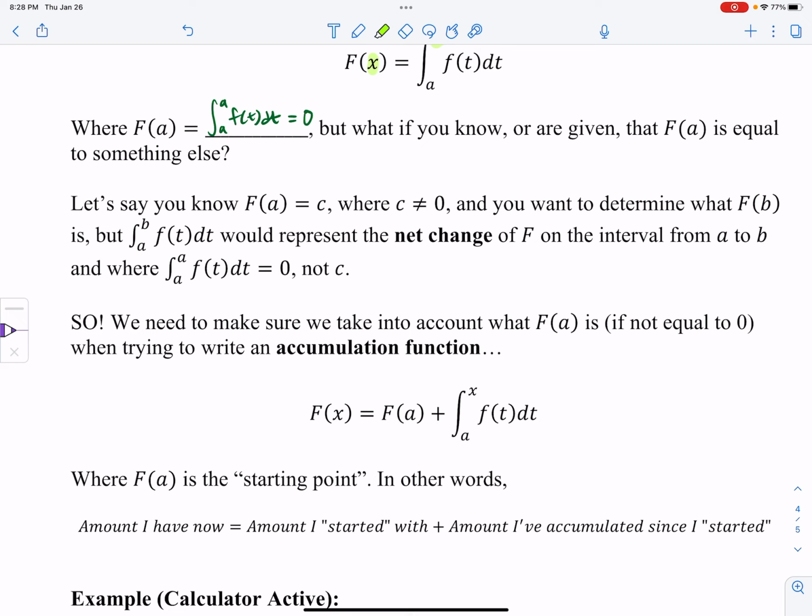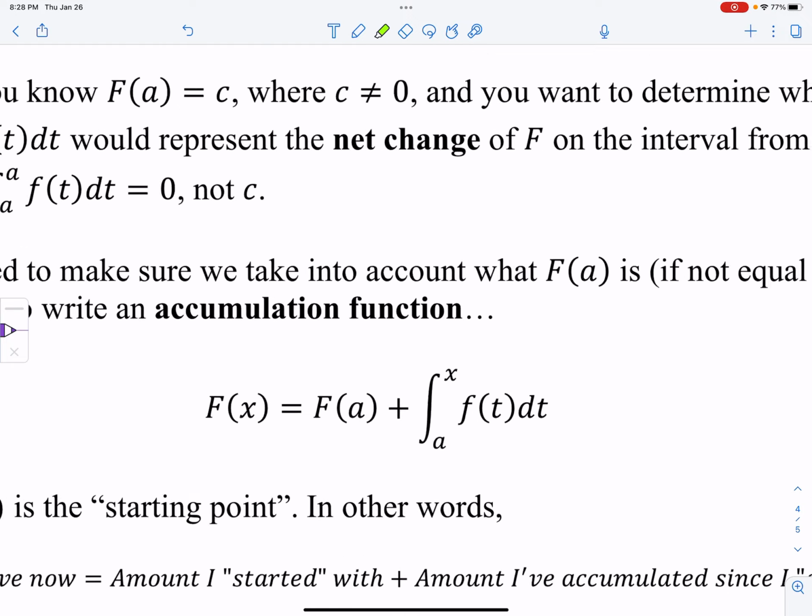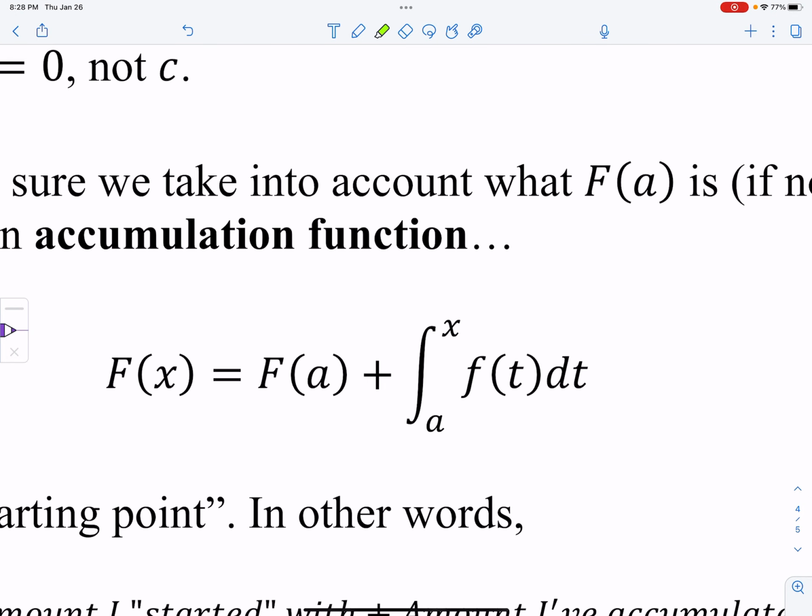So when we are trying to write what we call an accumulation function, it's in this form where you need to take into account the given information and treat whatever the given information is as your starting point. So F of a, and then the lower limit of integration here should match, right?